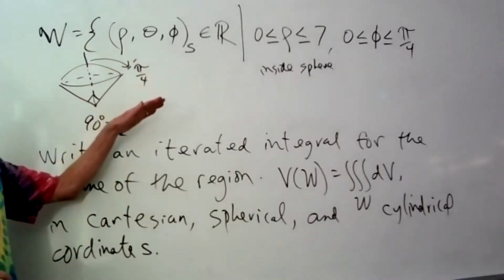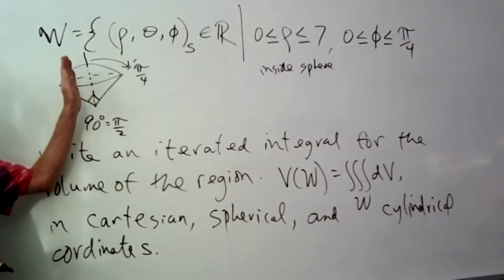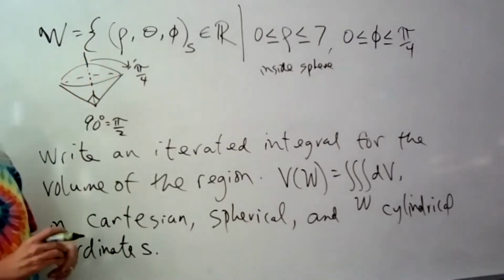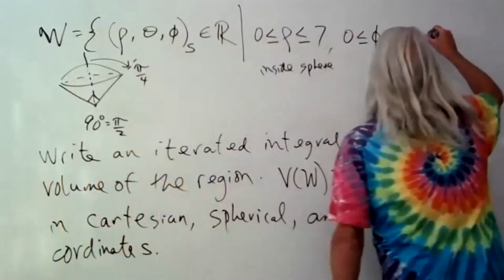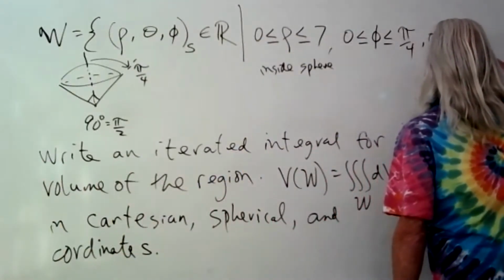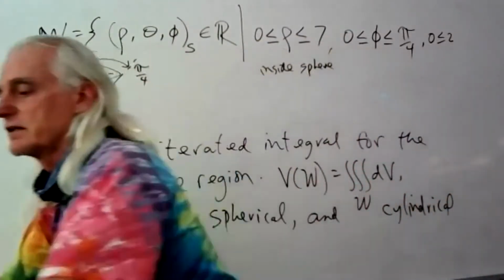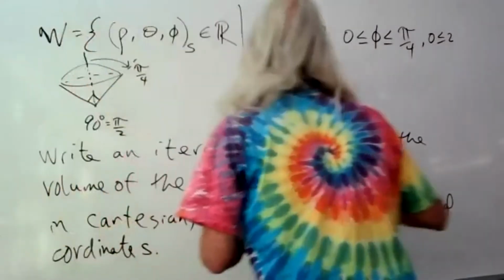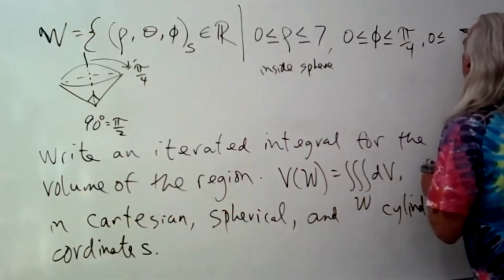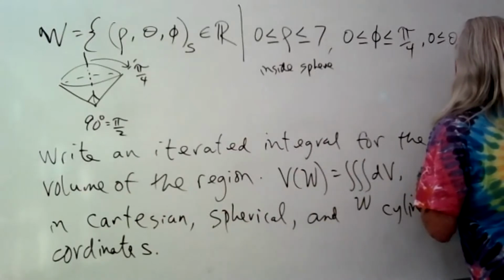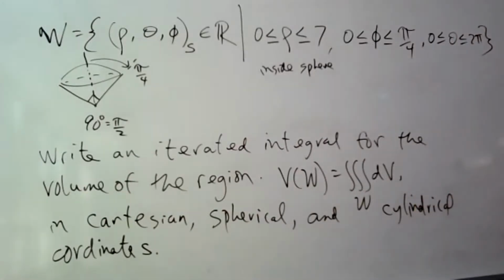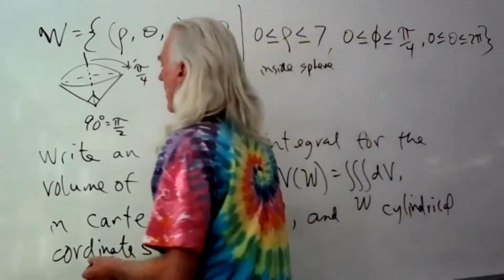So phi goes from straight up, phi equals 0, to pi over 4. And finally, 0 less than or equal to theta less than or equal to 2 pi. I go all the way around the circle.